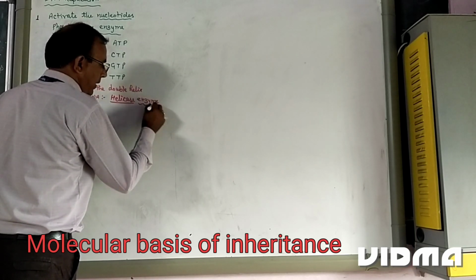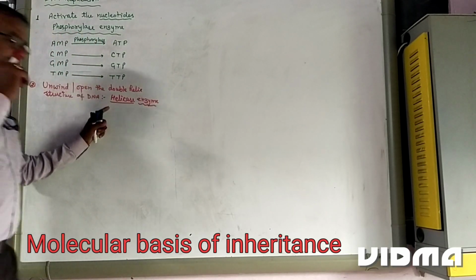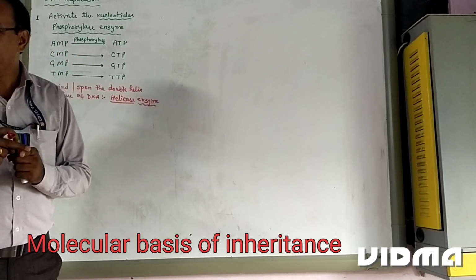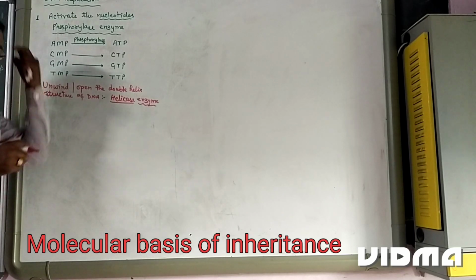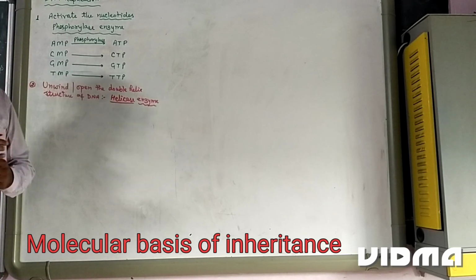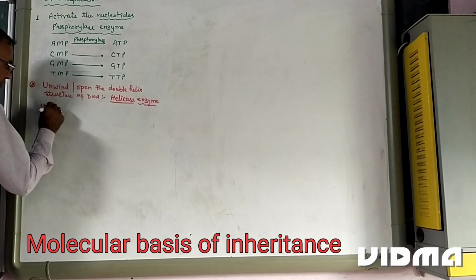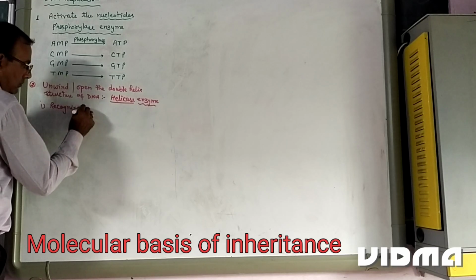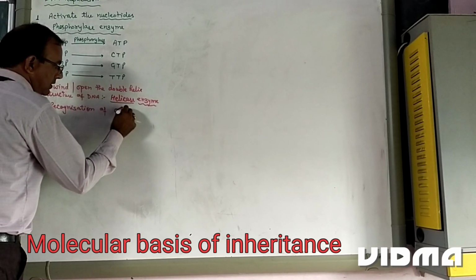But before opening the double helix structure, we identify the site where the helicase enzyme attaches, the site from where the replication starts, which is called ORI. So there are the following steps. First is recognition of ORI.